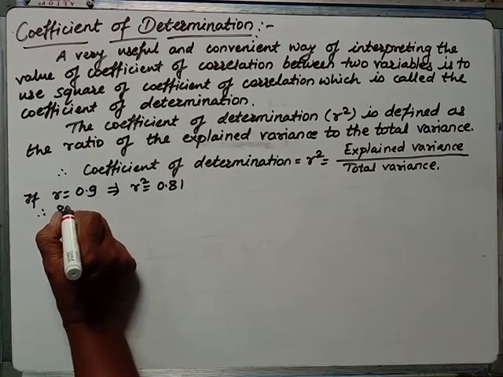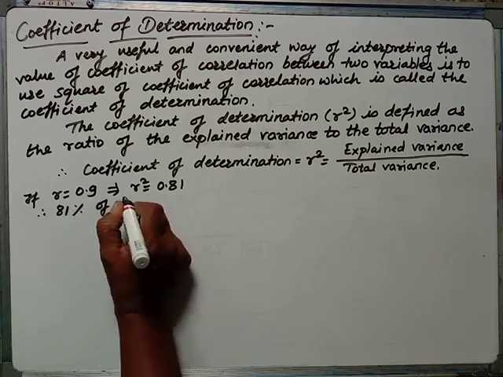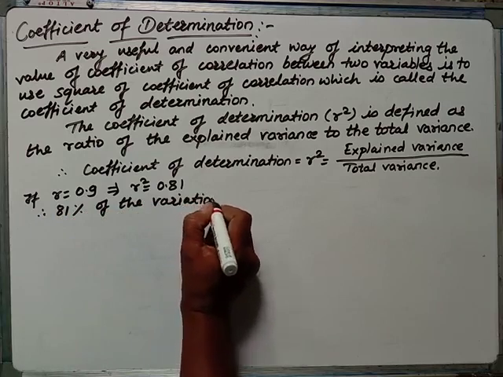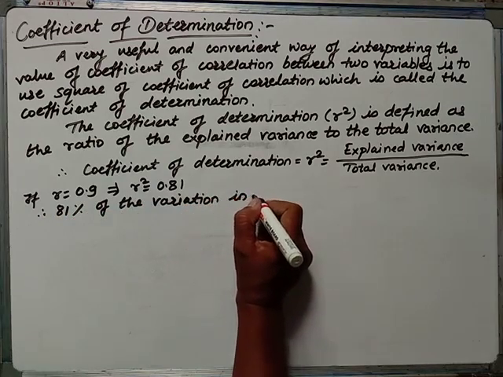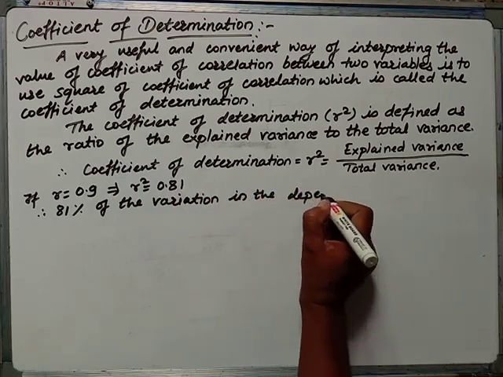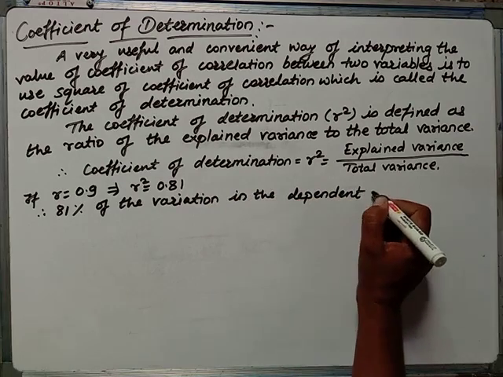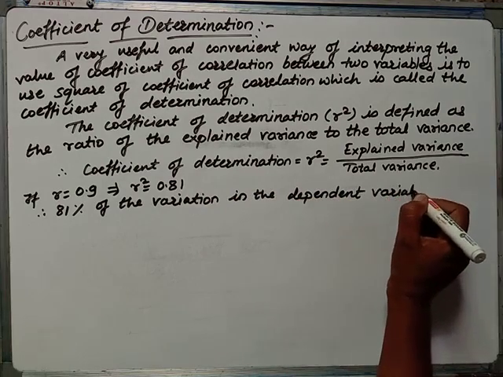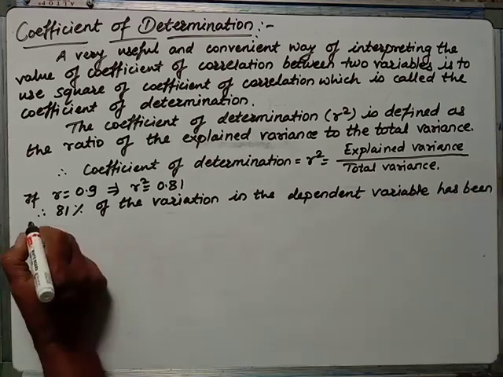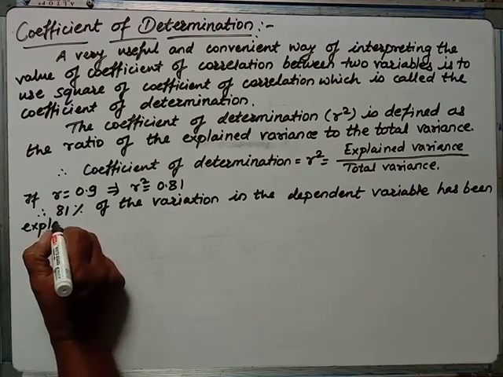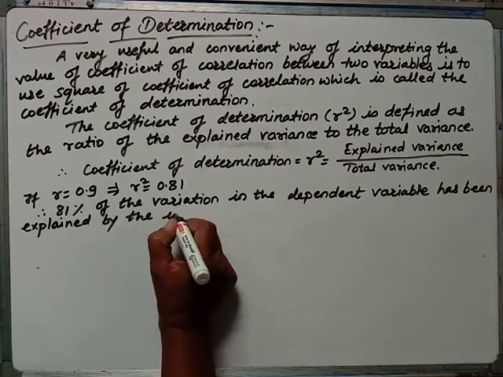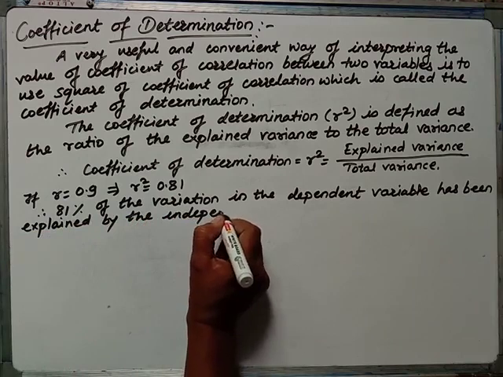Therefore, we can say 81% of the variation in the dependent variable has been explained by the independent variable. This is the meaning of it.